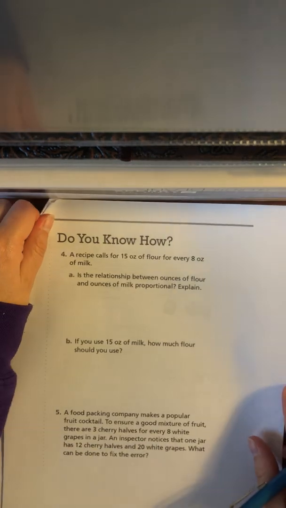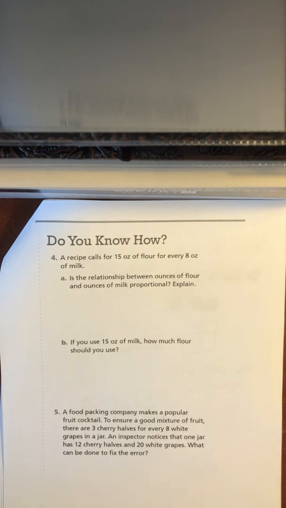Let's do the do you know how questions together today. A recipe calls for 15 ounces of flour for every 8 ounces of milk. Is the relationship between ounces of flour and ounces of milk proportional? Yes.